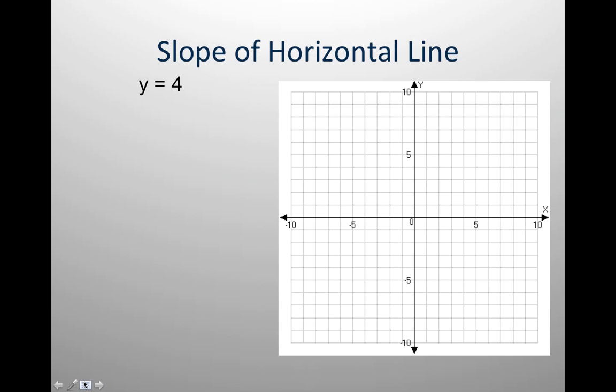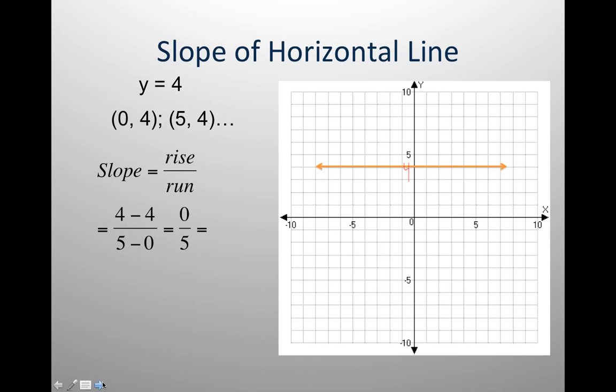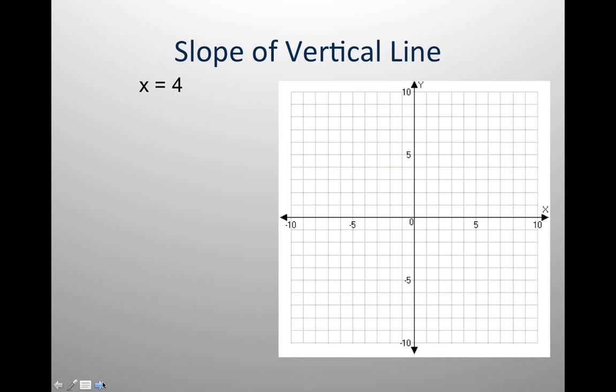Okay, so here we have y equals 4. So that's going to cross 4 right here. Okay, so that's going to cross your y-axis at 4 there. And then, of course, the slope will be 0 because it's a flat line.